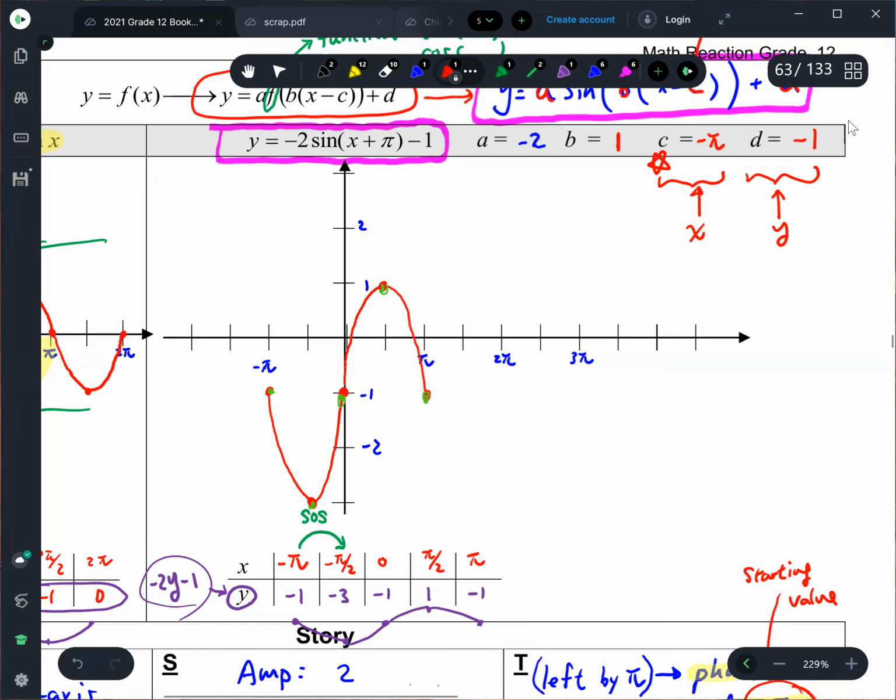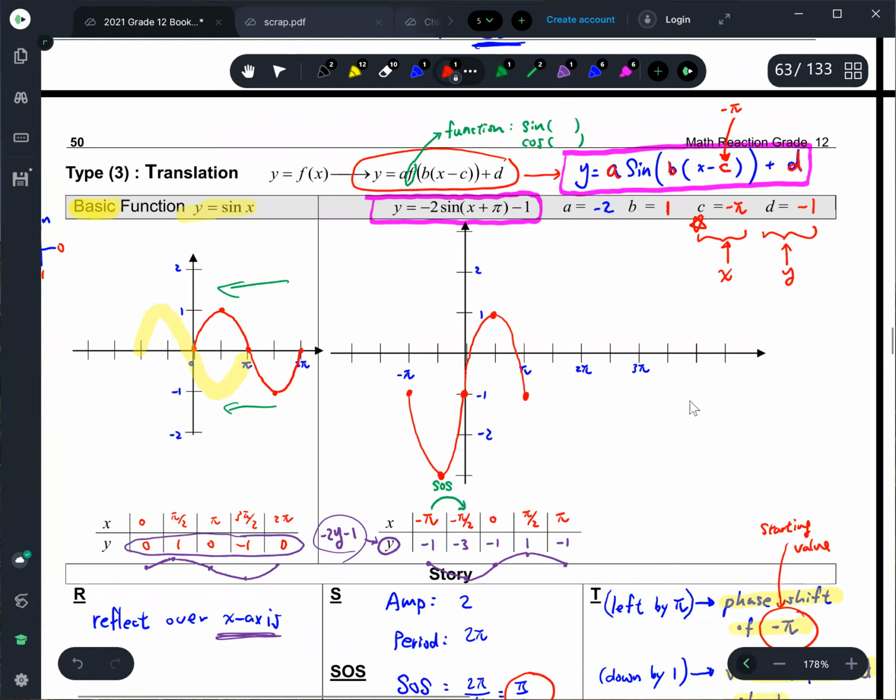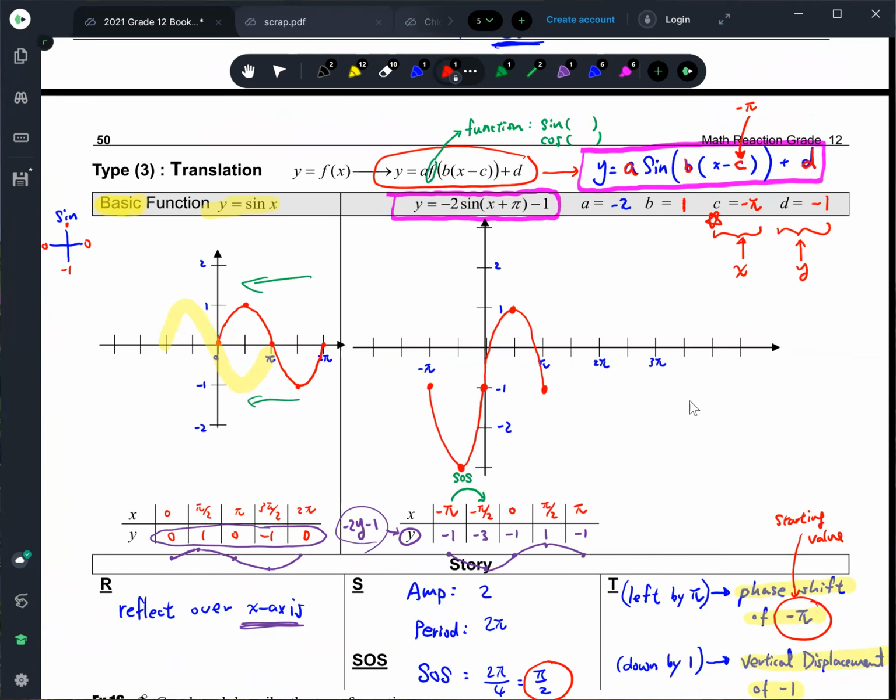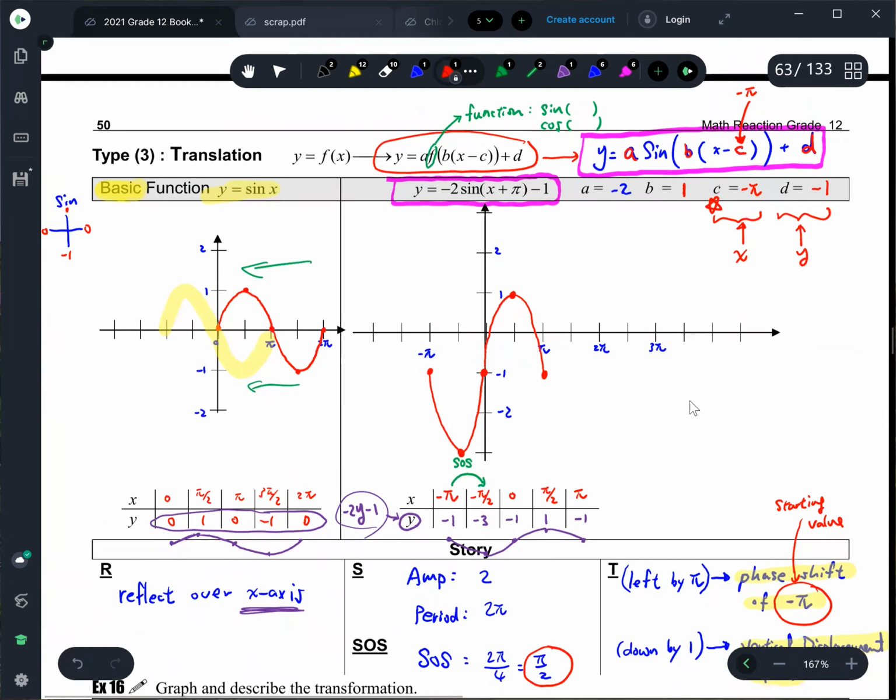Anyone has questions? Okay, we're going to make a summary of what happened here. So now we complete all 3 transformations, right? Reflection, stretching, and translation.